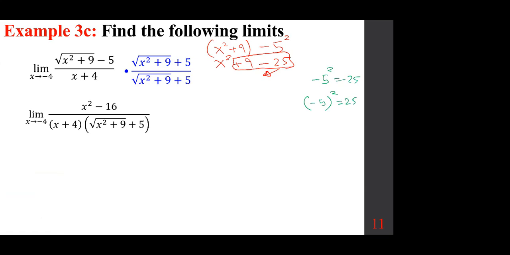Now, I hope you realize we can factor the numerator into (x plus 4)(x minus 4), because a squared minus b squared equals (a minus b)(a plus b). So we can now drop the common factor of x plus 4. We are dropping the common factor of x plus 4, and now we are writing what is left.